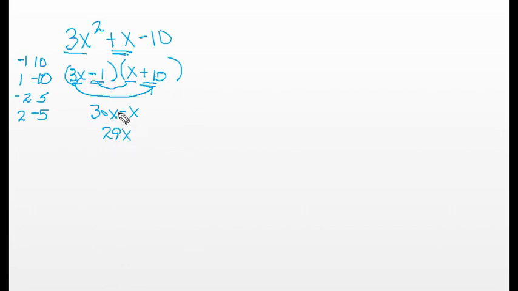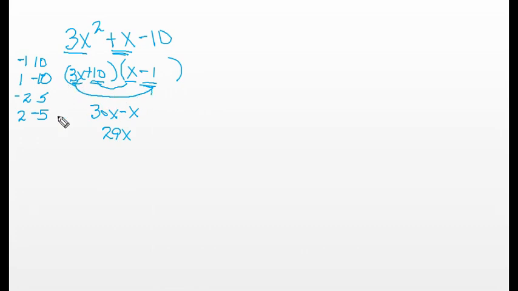So I know that this is not the right placement or combination because I don't end up with one positive x. Well, what if I switch them around, and instead of putting the negative 1 here and the positive 10 here, I put the positive 10 here and the negative 1 here.